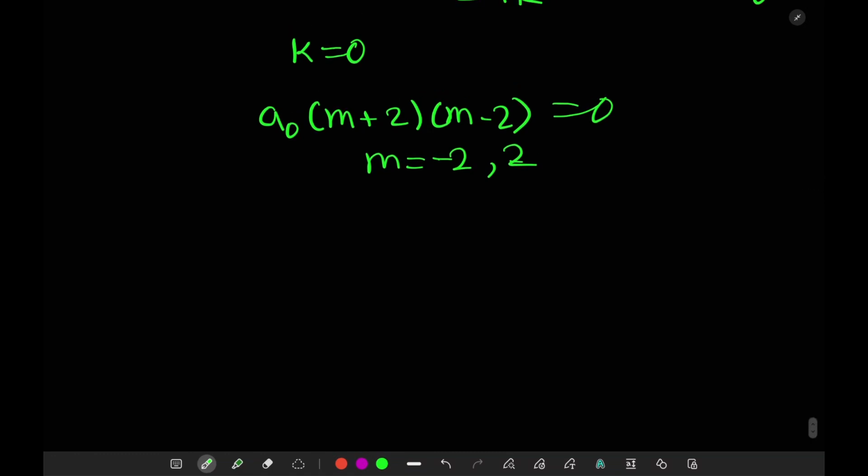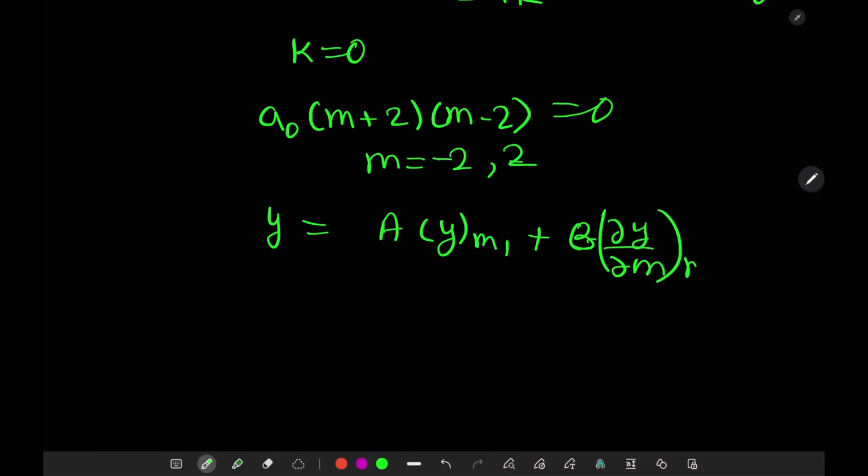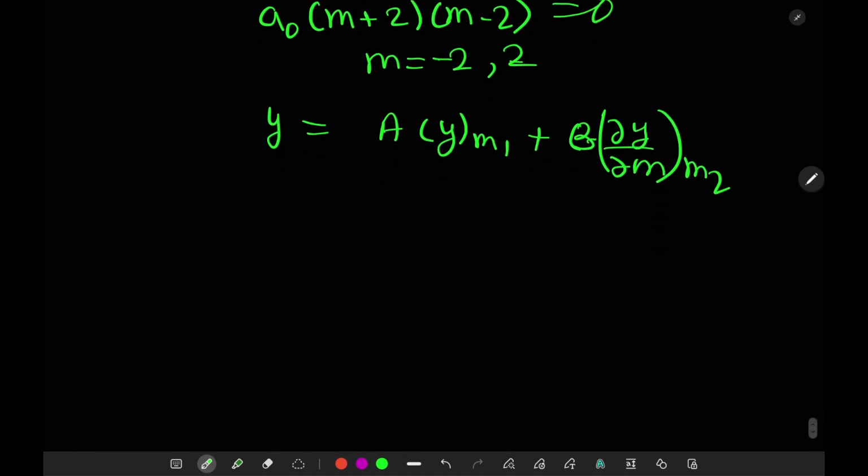This is case second, when m1 and m2 are distinct and differ by an integer, then y is equal to a y at m1 plus b del y over del m at m2. So this is m1 and this is m2.